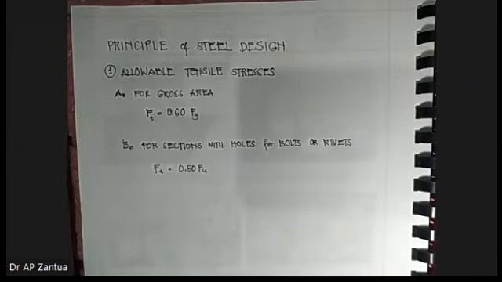Take note of pure. As we talk about these things, just like the previous module: pure, proportional, elastic, yield, ultimate, and rupture. So Y meaning yield.